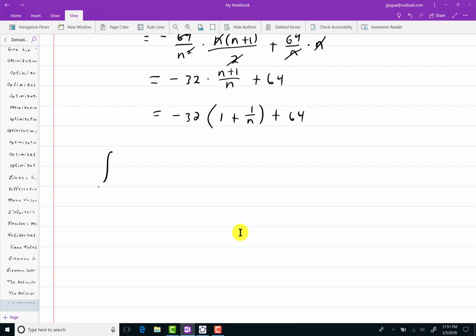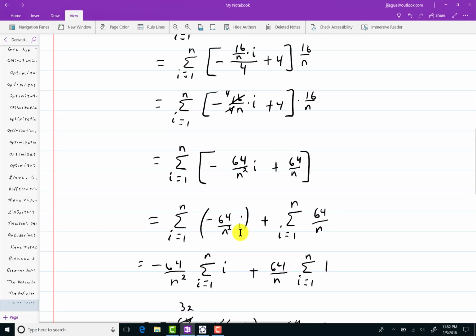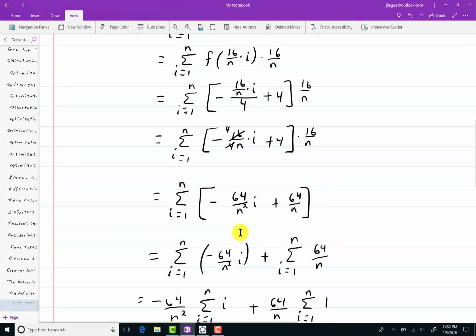Now what's going to happen, the integral, what was the integral? It started at 0 and ended at 16. That equals that original sum we had, I equals 1 to n, and that was negative, what was the formula?